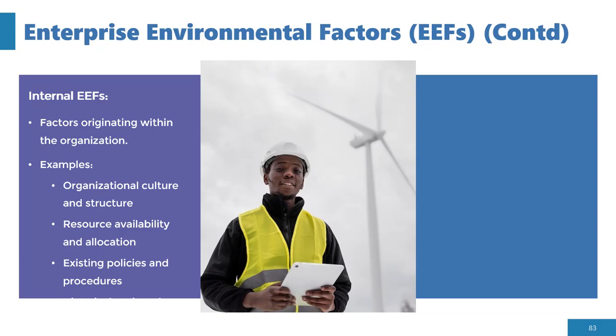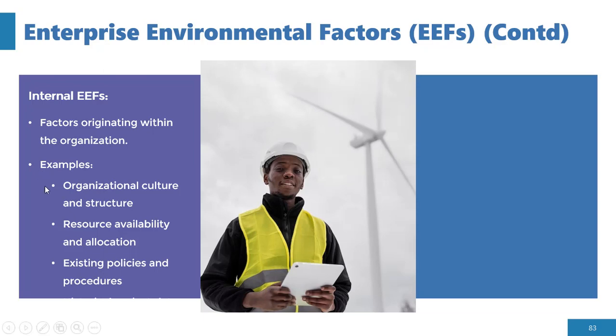When you talk about organizational culture, you talk about the norms, the values, the way things are done, the belief system in the organization. And when you talk about the structure, it depends on the type the organization is operating with, whether functional or projectized. We're going to look at that in detail much later.